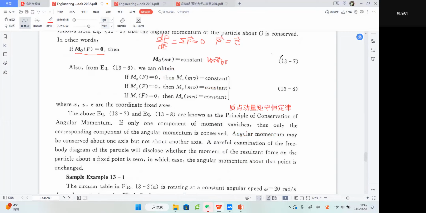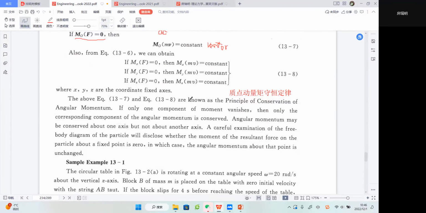So we have equation 13-7 and equation 13-8. These two equations are known as the principle of conservation of angular momentum, 角动量守恒 or 质点动量矩守恒定律. If only one component of a moment vanishes, that means it is 0, right?